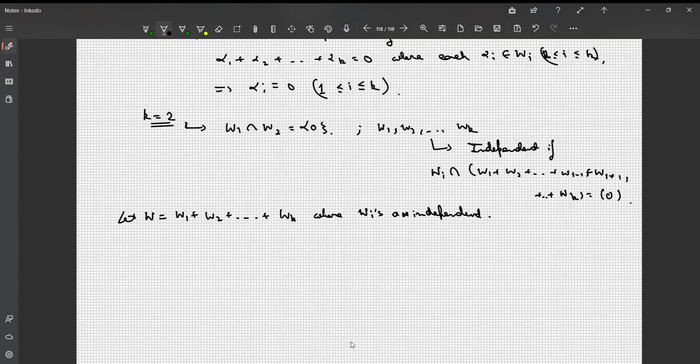Okay, so we can think of it like this. Let alpha be in W. Then alpha can be written as alpha 1 plus alpha 2 and so on till alpha k.